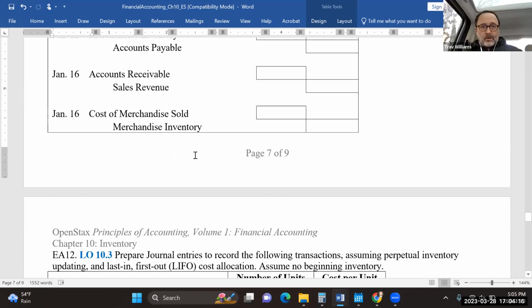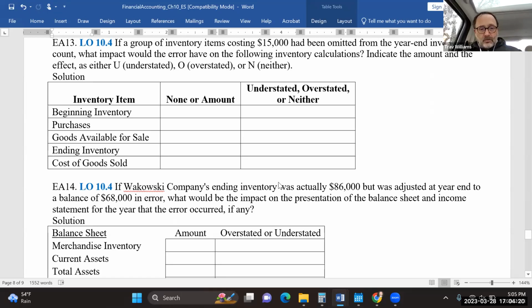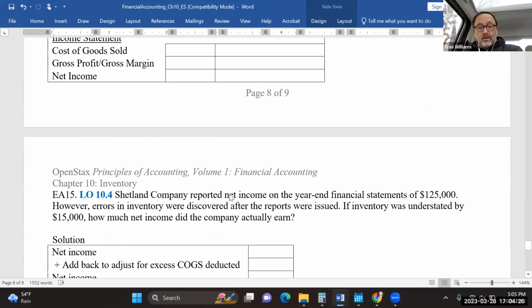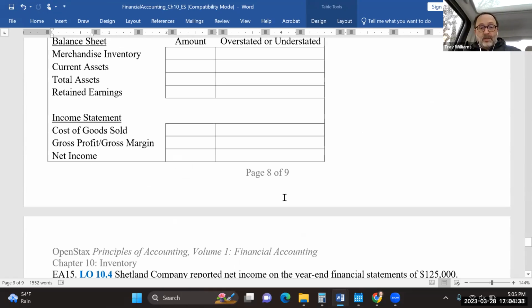So the purchase is 300 units at $21 each. 300 times 21, so $6,300. Then we have 200 units at $24 each, $4,800.